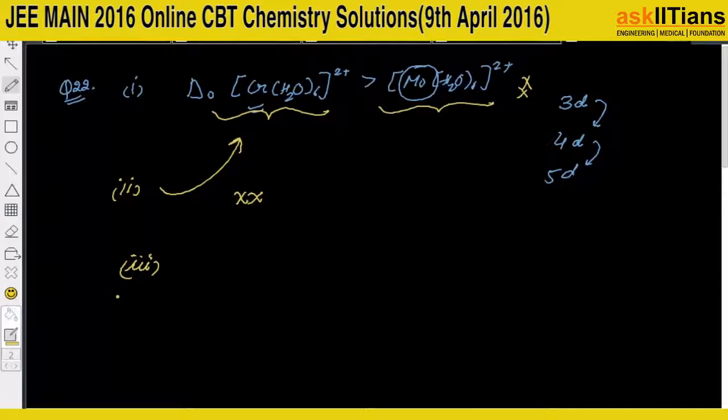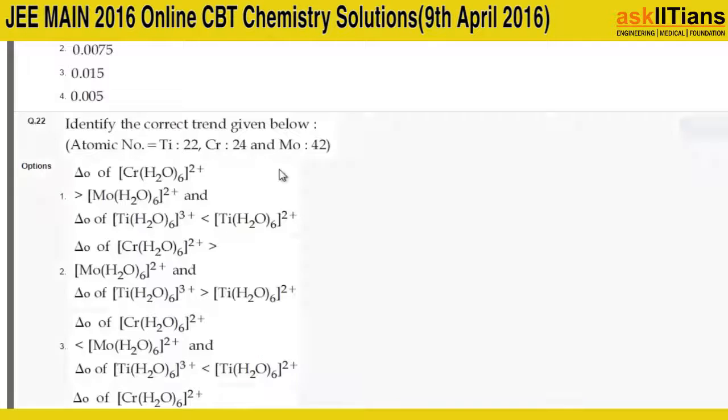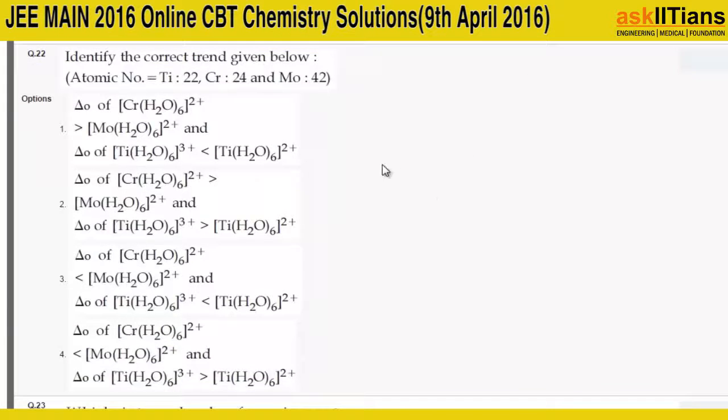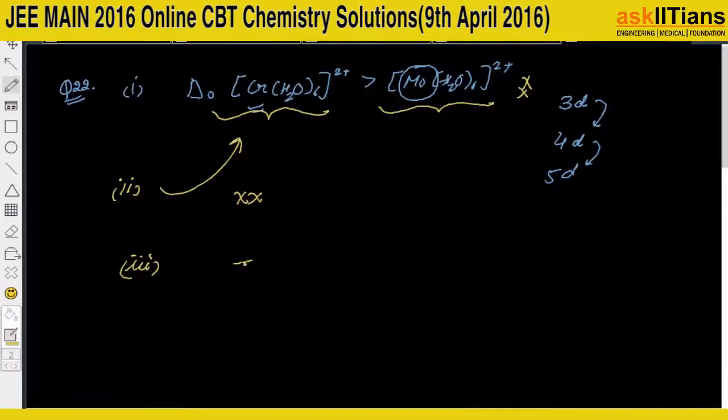Coming over to option number 3. It says that delta O of [Cr(H2O)6]2+ is less than that of molybdenum. Fine enough. Whereas the second part says [Ti(H2O)6]3+ is less than [Ti(H2O)6]2+.